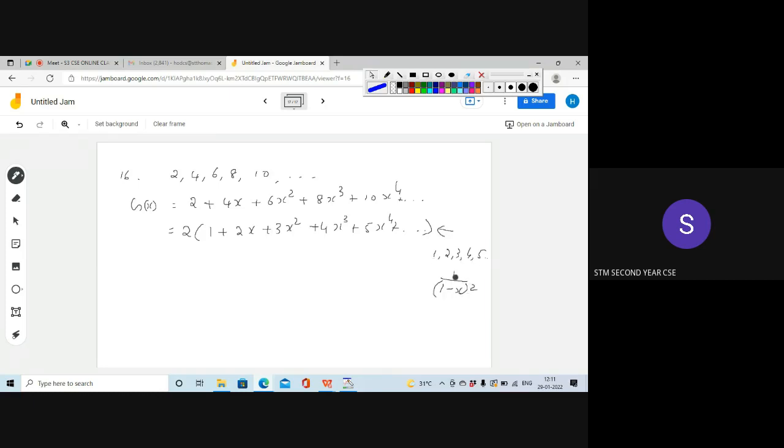For the 1, 2, 3, 4 sequence, it is 1 by 1 minus x the whole square. So substituting it here, you get 2 into 1 by 1 minus x the whole square, which is equal to 2 by 1 minus x the whole square. So this sequence also you should learn by heart. For 1, 1, 1, it is 1 by 1 minus x alone. If it is 1, 2, 3, 4, 5 sequence, it is 1 by 1 minus x the whole square.